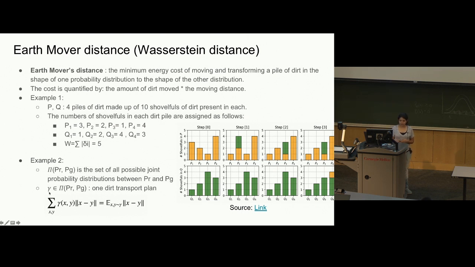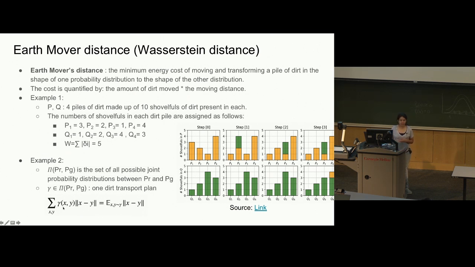And any sample from that, gamma of x y, will represent one dirt transport plan. So, gamma is one probability distribution that you pick from this whole set of joint probability distributions. So, gamma of x and y will be representing one joint probability distribution, and that means one dirt transport plan from point x to y: how much dirt you had to move and how you moved it.